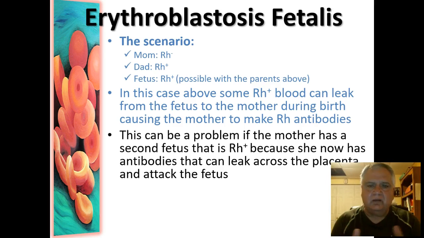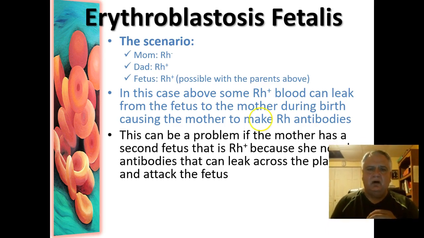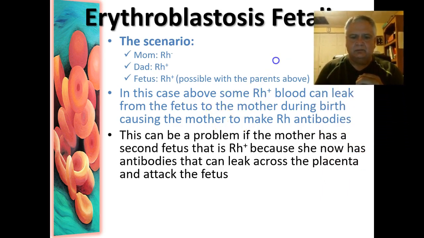So they can leak across that barrier between the mother's blood and the baby's blood, enter the baby's blood, and now begin to bind to the Rh antigens on the second developing fetus's blood. That would cause clumping, and that would cause the death of the fetus.